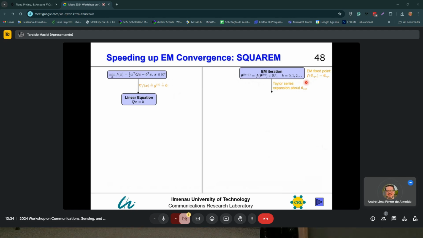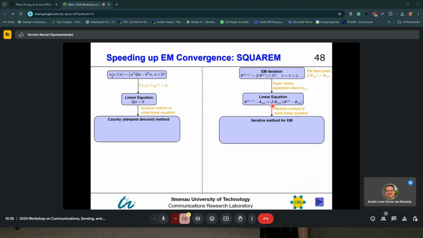If we take a Taylor expansion about that optimal point, then we have this linear equation here, where J is the Jacobian. It holds all the gradients with respect to the optimal point. So we can see that we have a linear equation here, and we have it on this side as well.